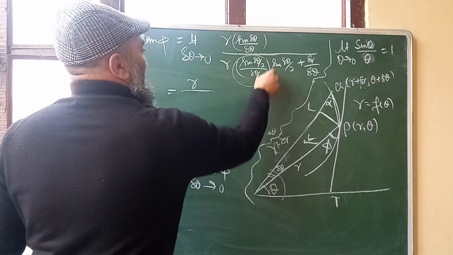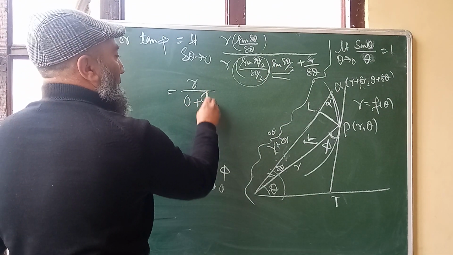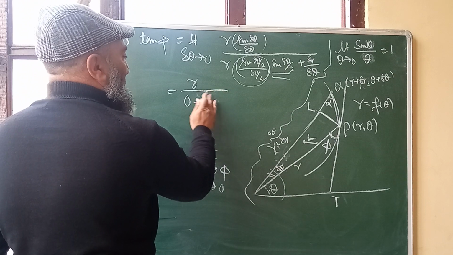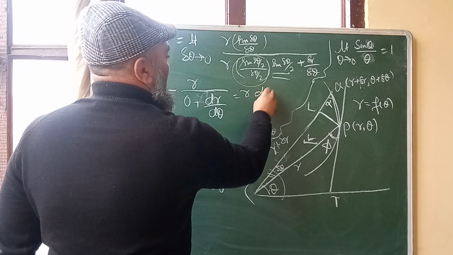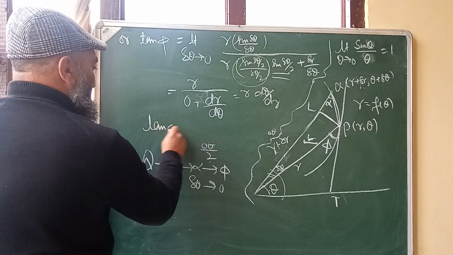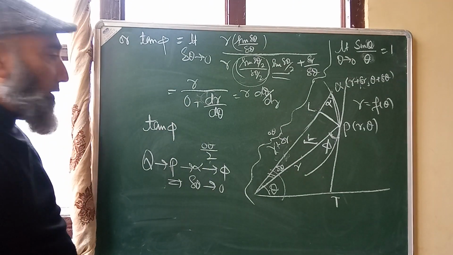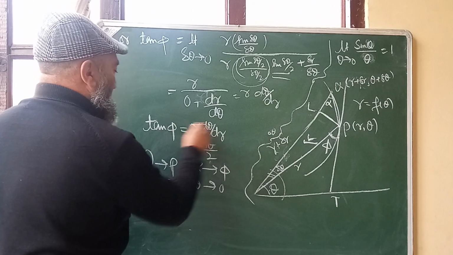This is 1, but sine 0 is 0, so this is 0, and this is dr by d theta. So this is r d theta by dr. So I have tan phi, the angle between the tangent and radius vector, equal to r d theta by dr.